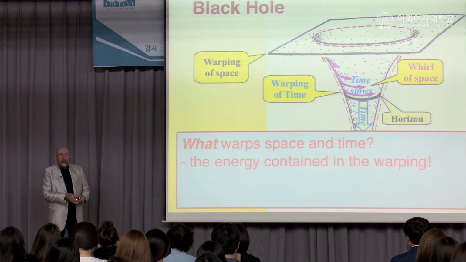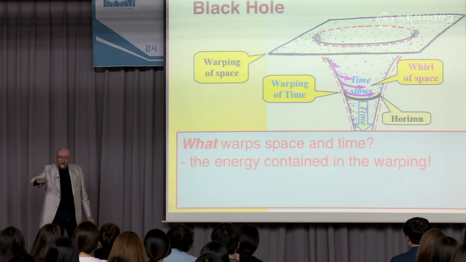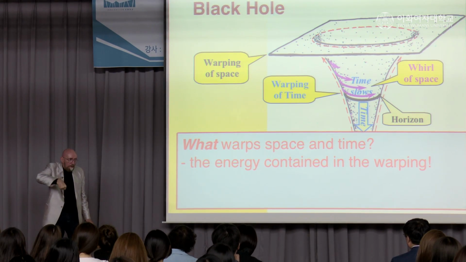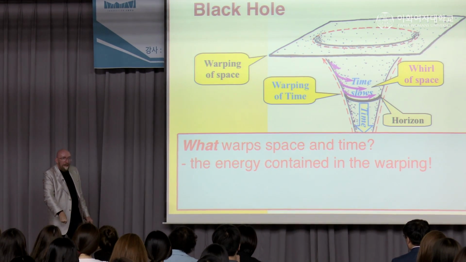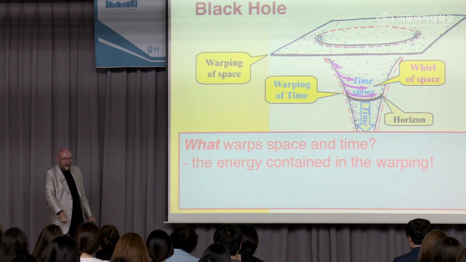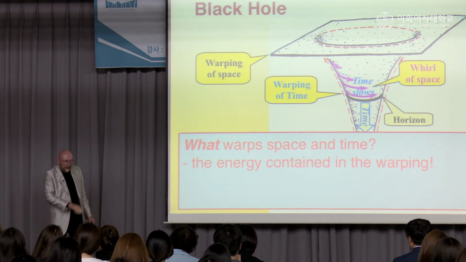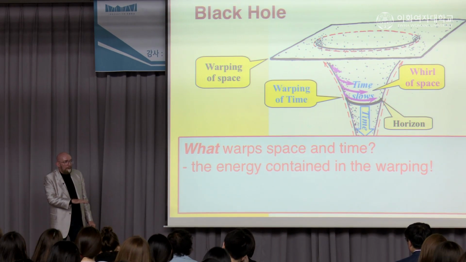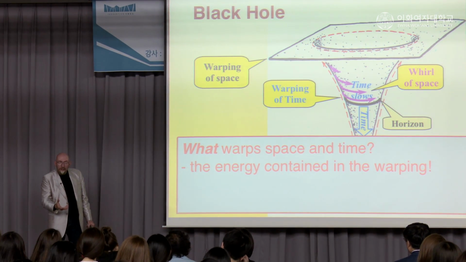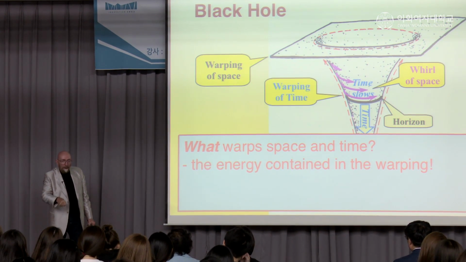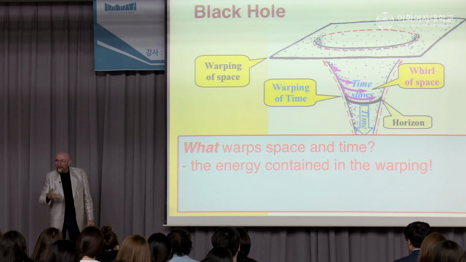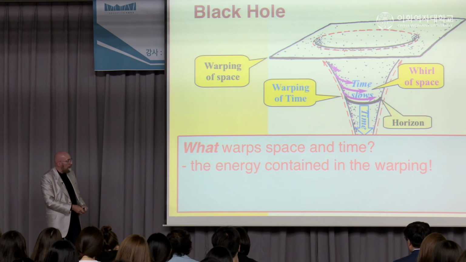If you imagine taking a rubber sheet, a child's trampoline, you push on the sheet, you have to push with large force to bend the sheet. You warp the sheet, you change its shape, but you have put energy into the rubber, potential energy into the rubber that you have warped. If that energy of warping is big enough, that will produce warping or curvature according to Einstein's relativity.